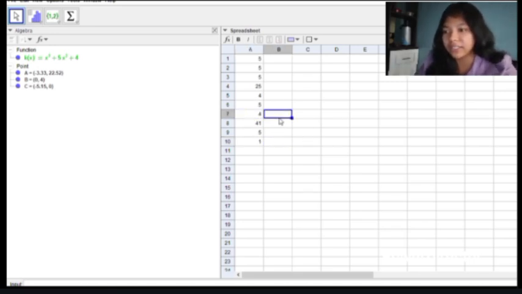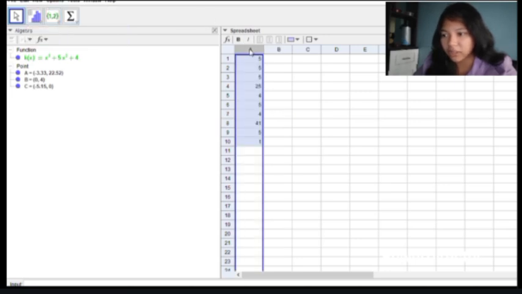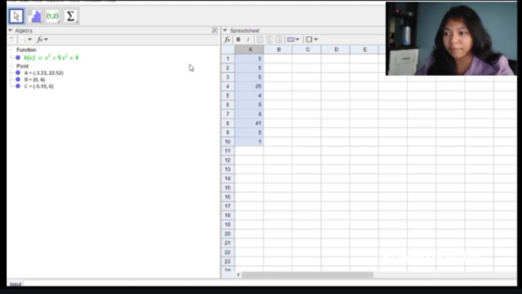Here, you can just type in all your data, click One Variable Analysis, and then Analyze. You can automatically choose what kind of graph you want: either histogram, bar chart, or box plot. So it's a histogram. And also Show Statistics.